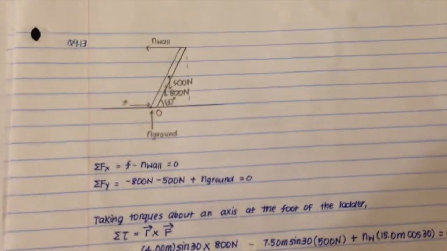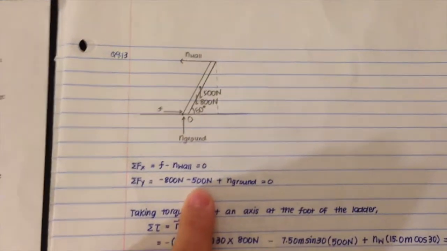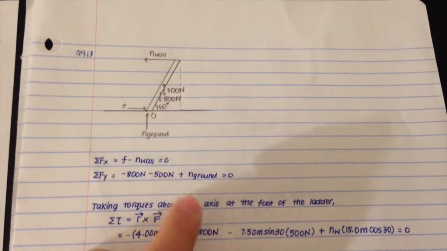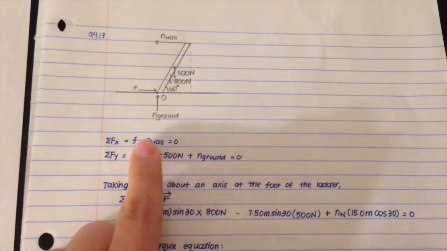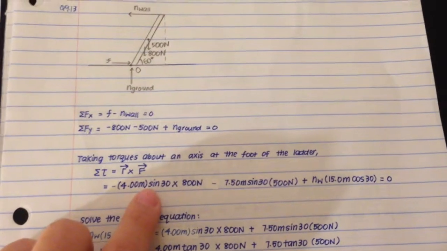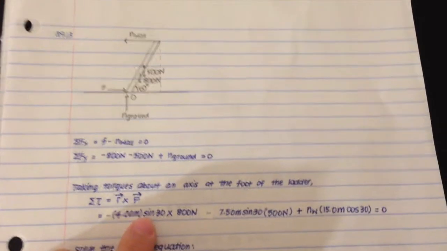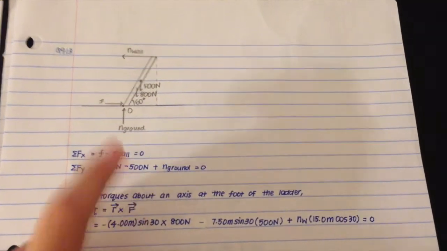Firstly, I've written the forces in the x and y direction based on the information. So we can see that the static friction force is equal to the normal force. The third equation that I've written is the torque, and I take the torque about the axis at the foot of the ladder at 0 here.